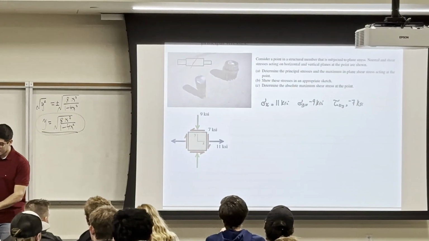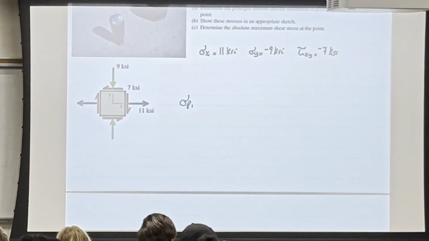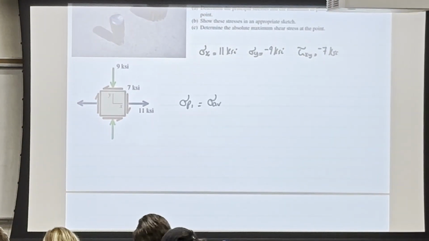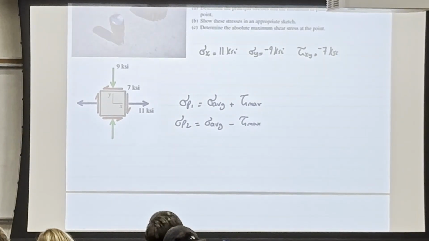So for principal stresses, I'm going to use this equation, which is sigma P1 is equal to sigma average plus tau max. For sigma P2, I'm going to say sigma average minus tau max. I'm using this equation, but you can use any form that you want.